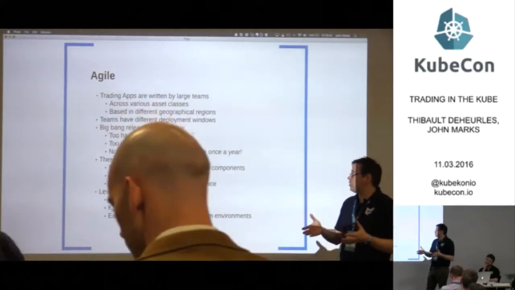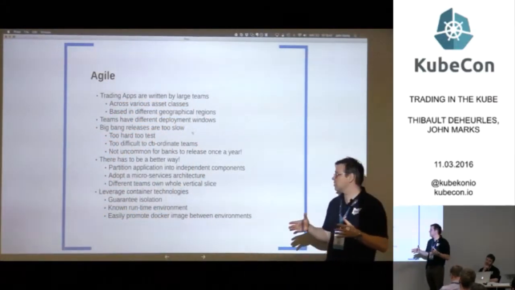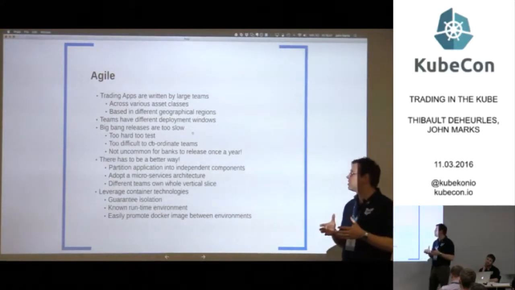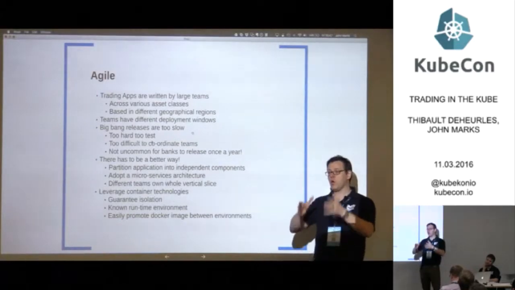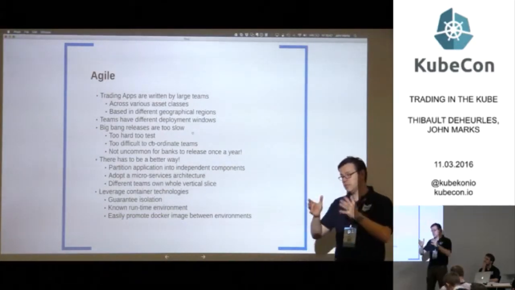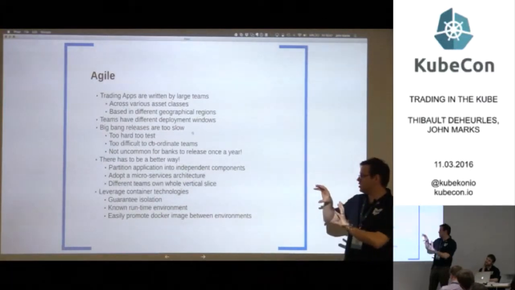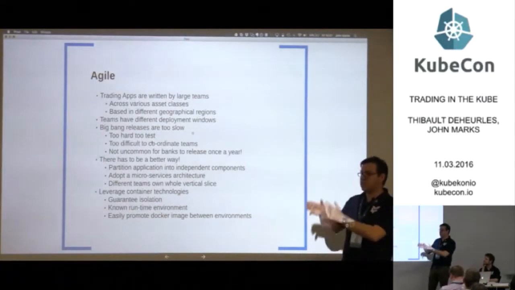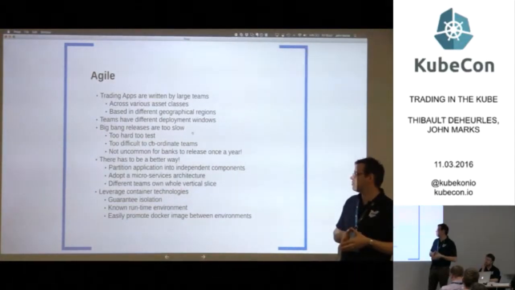So what we do is we partition the applications into various independent components. We adopt a microservices architecture, and different teams, therefore, can own a whole vertical slice of the application, from the data all the way up to the presentation. And if those vertical slices are completely isolated, they can be developed, tested, and deployed independently of each other.